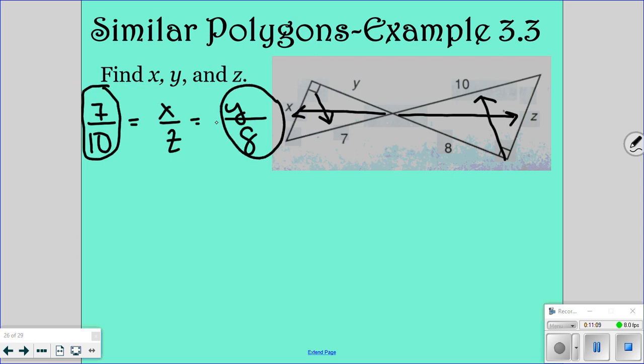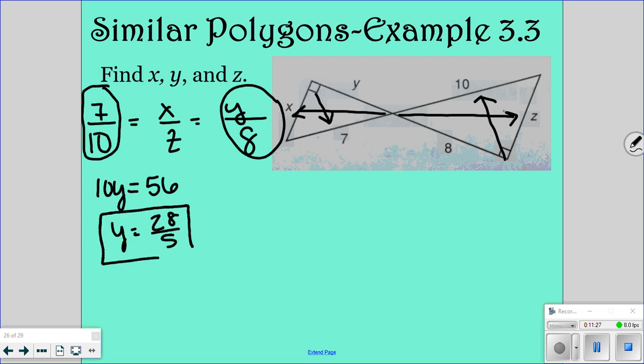We would have 10y equals 56. And then if you divide by 10 and leave it as a fraction, you would get y equals 28 over 5. Okay, so that would be for y.